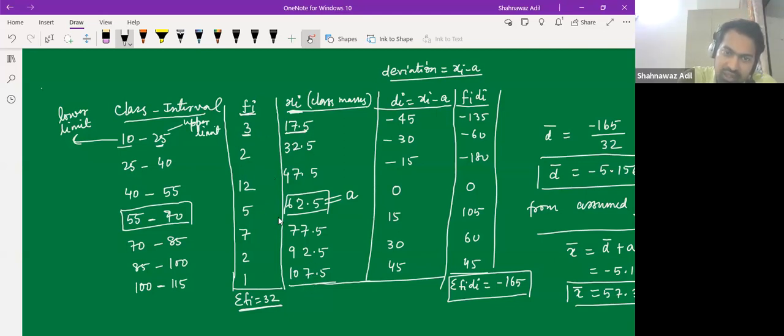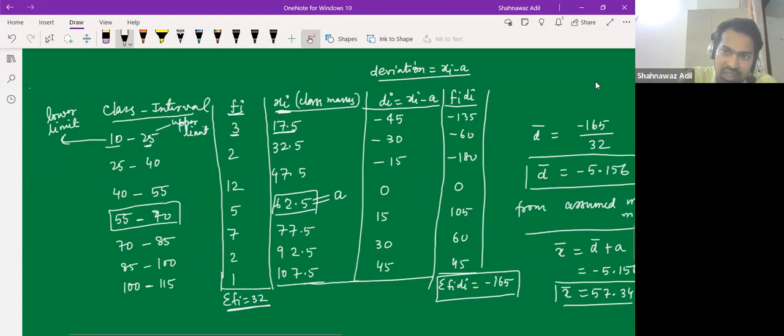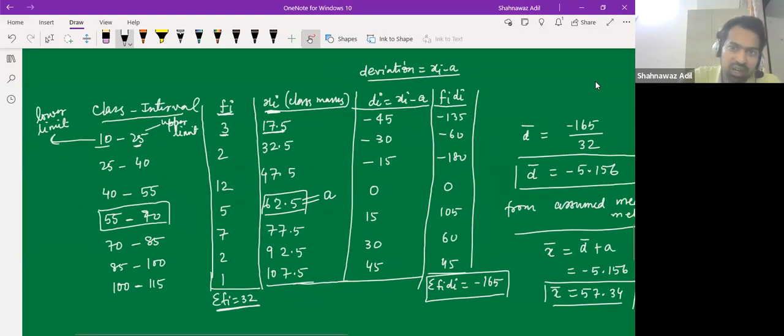But if you have bigger numbers, then you can use this assumed mean method or the step deviation method. First please note it down, and then I'll talk about the step deviation method.